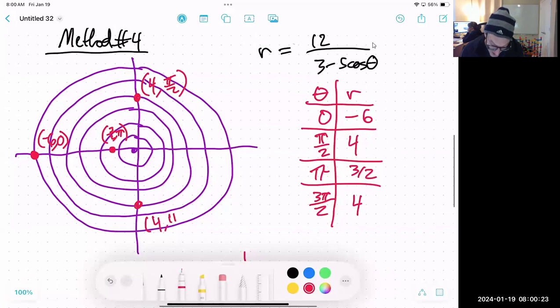Well, since I already know that this is a hyperbola, I'm just done. What does this hyperbola look like? It just looks like this.